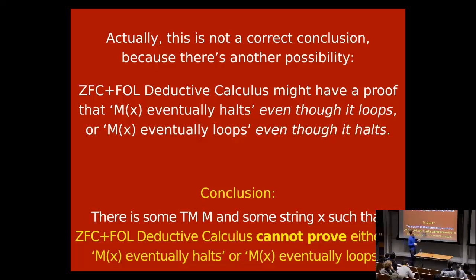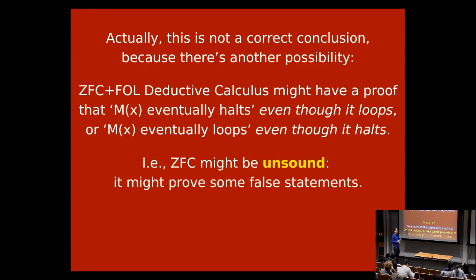Or you might be able to prove that M of x eventually loops, even though it actually halts. And what would that mean? Yeah? There's some contradiction within the axioms. Yeah, it would basically mean you've got a really bad set of axioms, because from them you can deduce false things.